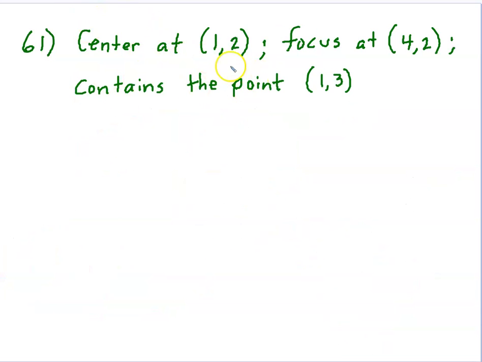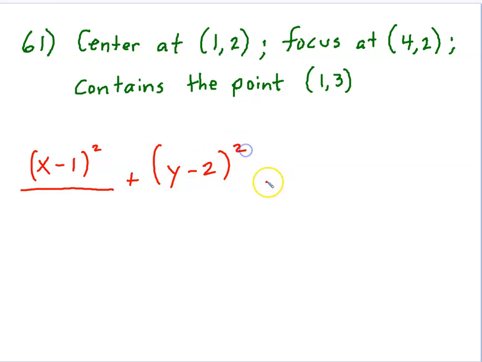Let's see, we have the center at (1, 2). Okay, so we can go ahead and do this part of our equation. The x-coordinate of the center is 1, and the y-coordinate is 2. All right, and let's see.